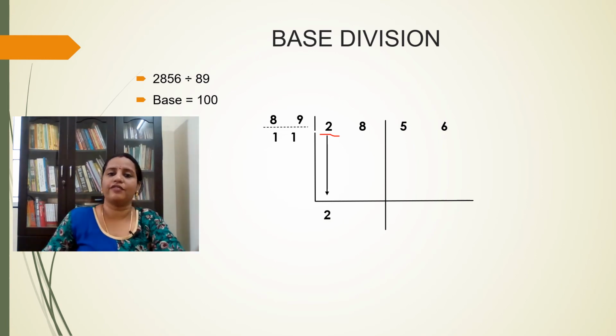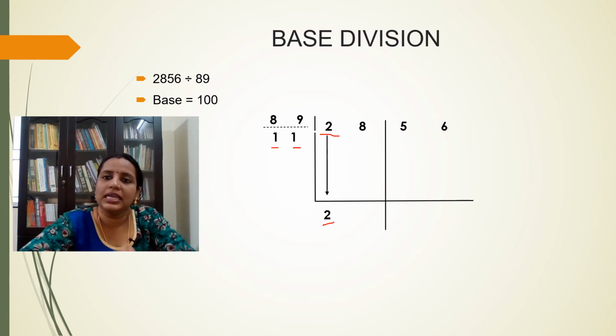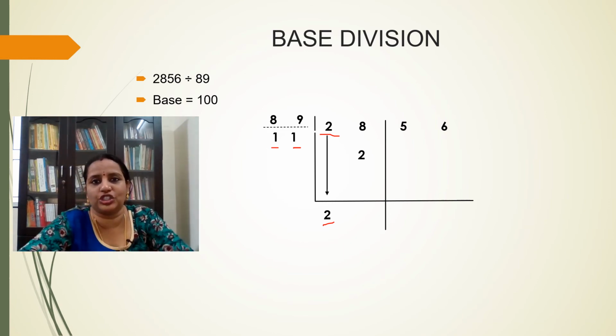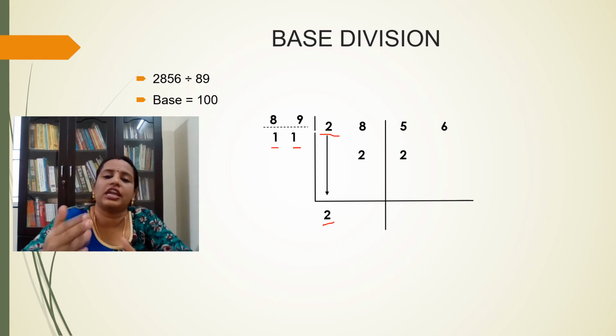Okay, next what I have to do? I have to multiply this 2 with the Nikhilam digits separately. Each digit I have to multiply separately. So multiplying 2 into 1 will give me 2, which I take to the next position. Next, 2 into 1, which I take to the next succeeding position of the dividend number. Okay, now what I have to do?